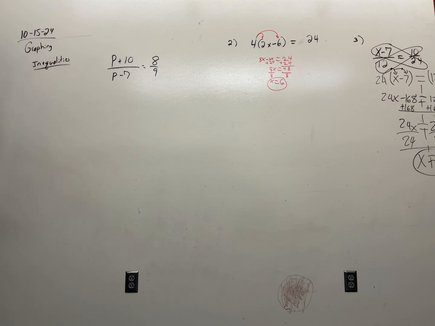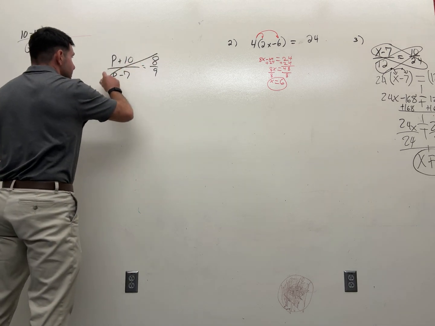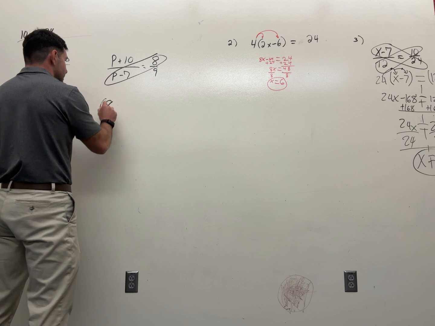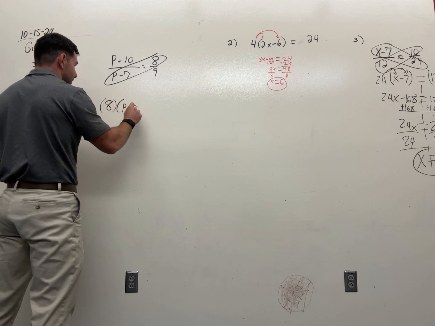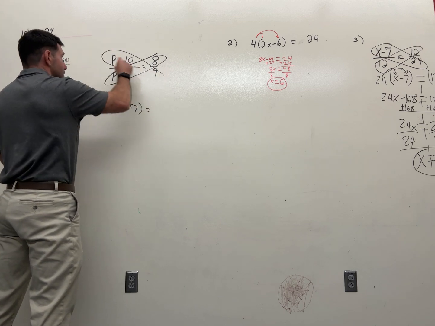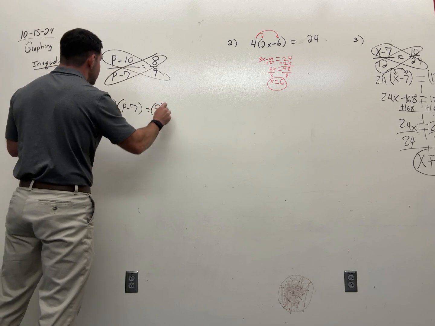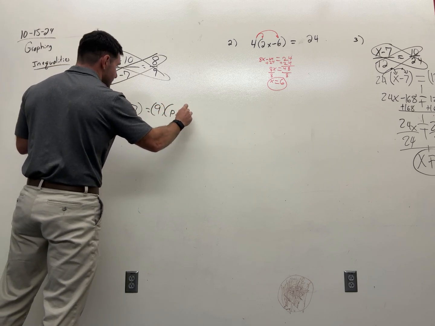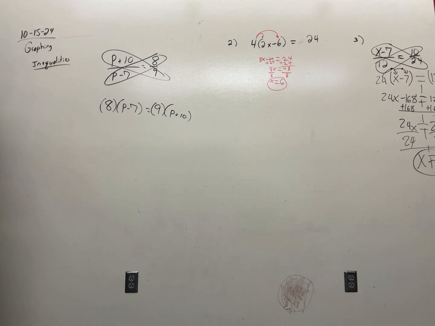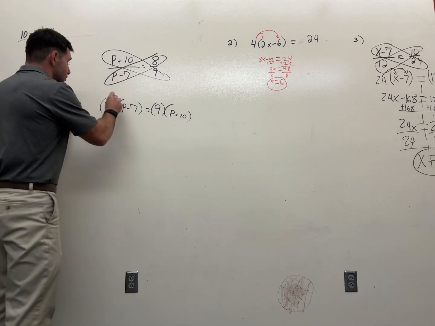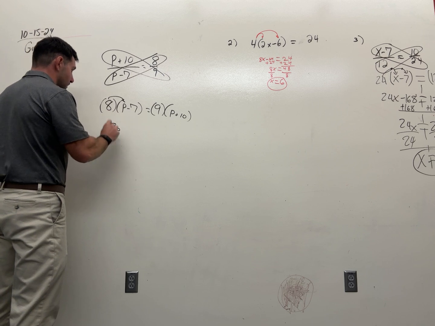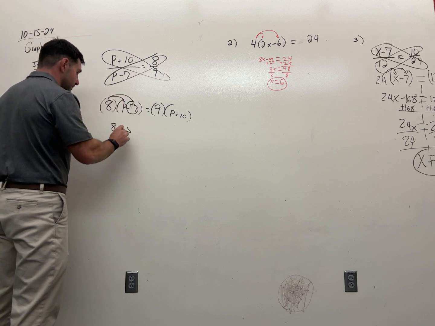When we do this, we are still cross multiplying. So we still have 8 in parentheses times p minus 7 in parentheses equals 9 in parentheses times p plus 10 in parentheses. This is just an equation where you have variables on both sides. Nothing is new. You distribute both sides. That's 8p. That's negative 56.